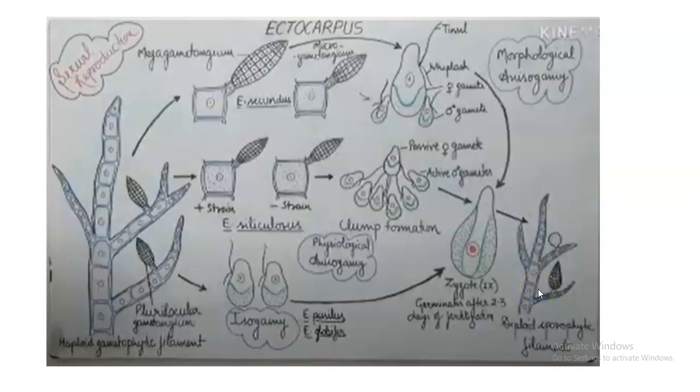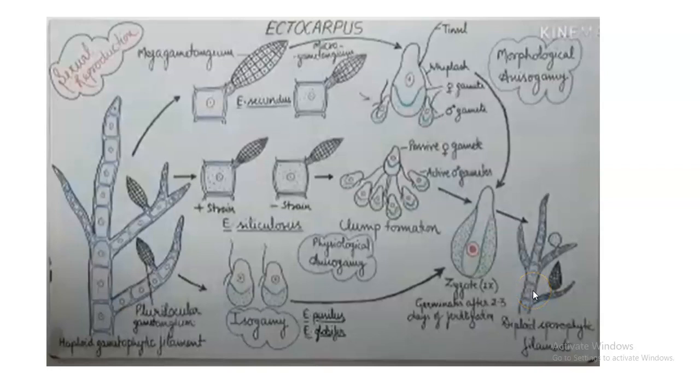In asexual reproduction only the diploid sporophytic generation is taking part, and in sexual reproduction only the haploid gametophytic filament is taking part. This haploid gametophytic thalli will be forming gametes, and these gametes will be fusing to form a zygote. This zygote, without any meiosis, will directly germinate to form a sporophytic filament.